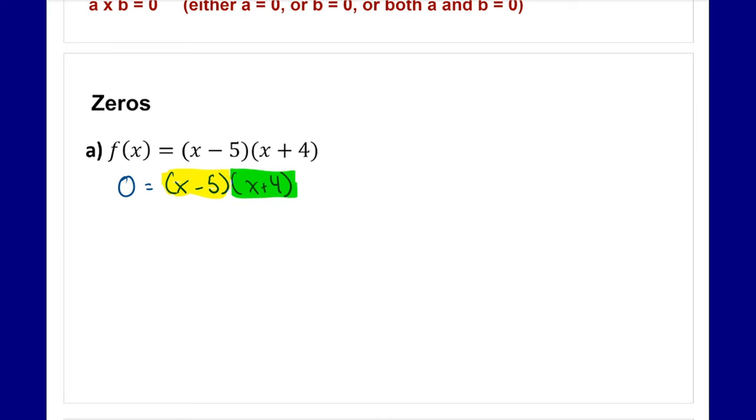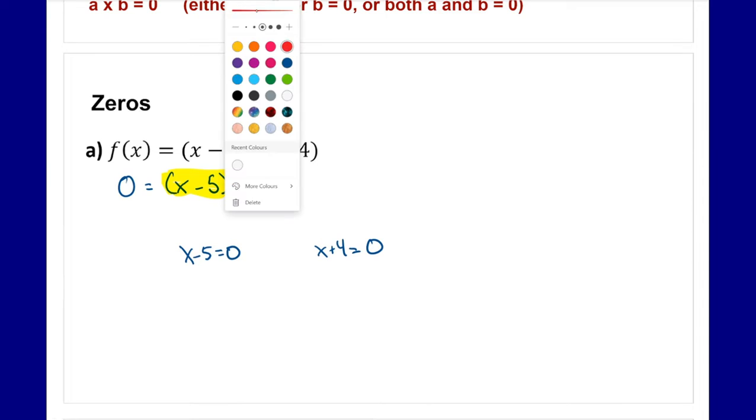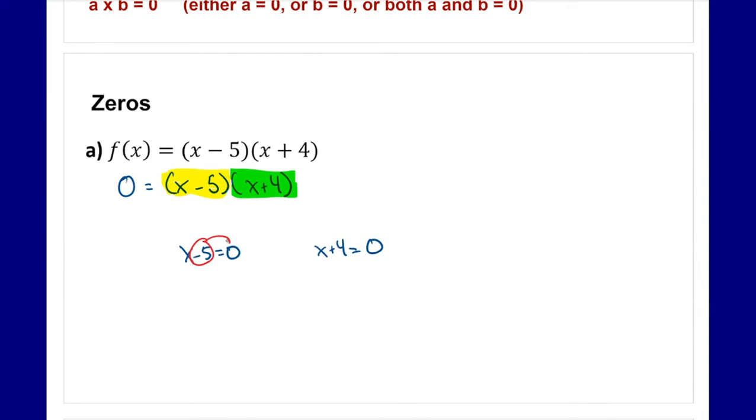We just talked about, if I have this form, I just take the opposite of the values. We're going to show why that is. If either of these two brackets has to equal 0, x minus 5 equals 0, x plus 4 equals 0. Essentially, we're solving an equation. We move the value to the other side, it becomes the opposite, so we get x is equal to positive 5.